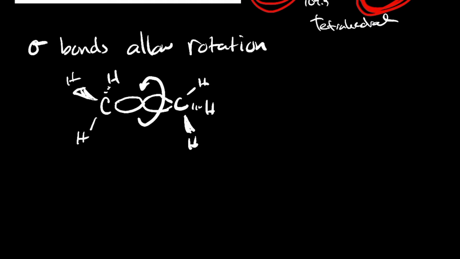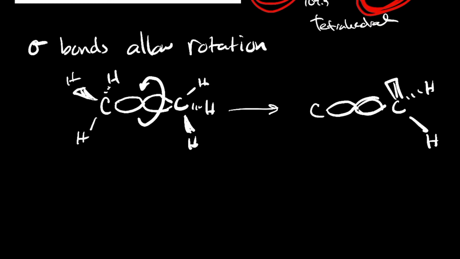So it can rotate, and that bond rotation can lead to a different conformation, a different conformational geometry, where now this hydrogen is down here, and now the hydrogen is here, and there's a hydrogen up here, right? And this hasn't changed, actually. That's still down there, that's still up here.